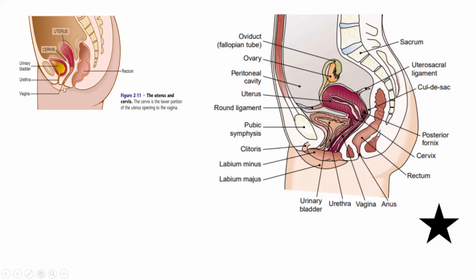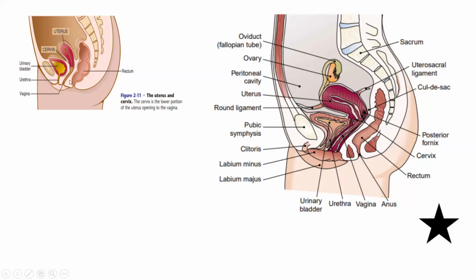So this portion, the base of our body, is what we call the perineum. Here we have three things in the female body: the urinary part, the reproductive part, and the GIT part. So these are the three openings in a female body.